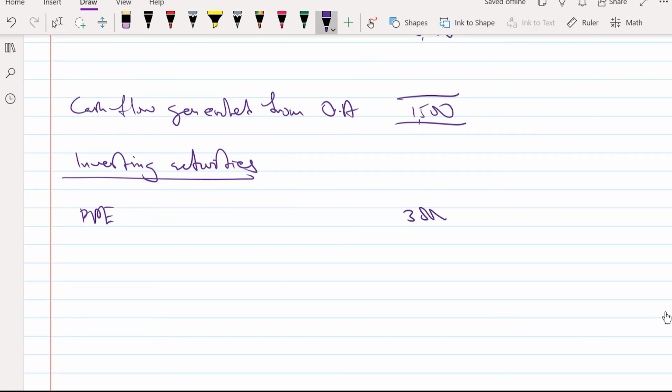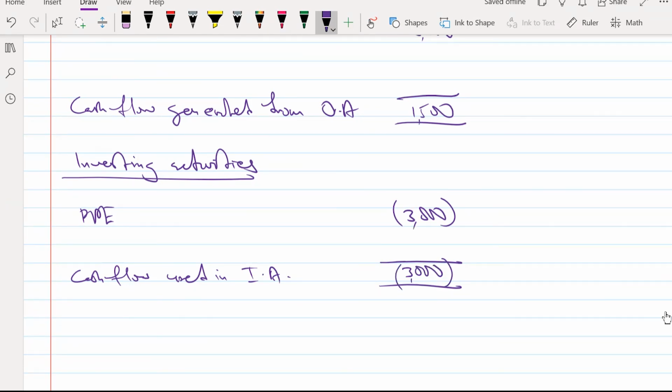So we have a 3,000 negative. No other information. So cash flow used in investing activities is still the negative 3,000.